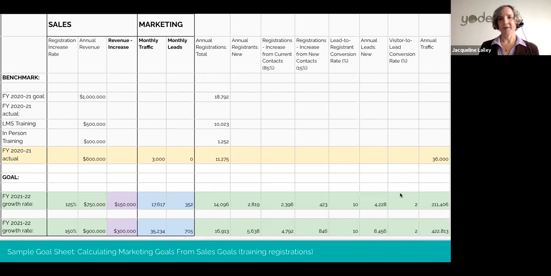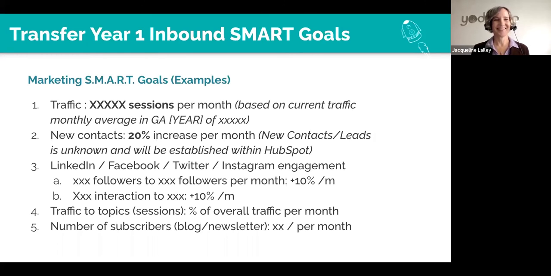You could do the same thing. You just pin those numbers onto a value like, let's say you're going to expect a 10% lead to registrant conversion rate. That's going to produce the numbers that you see here in terms of the kind of traffic, the kind of leads you need to generate. Marketing activity is really geared around increasing these numbers in blue. And those are the activities that you need to plan. Pretty simple, right?